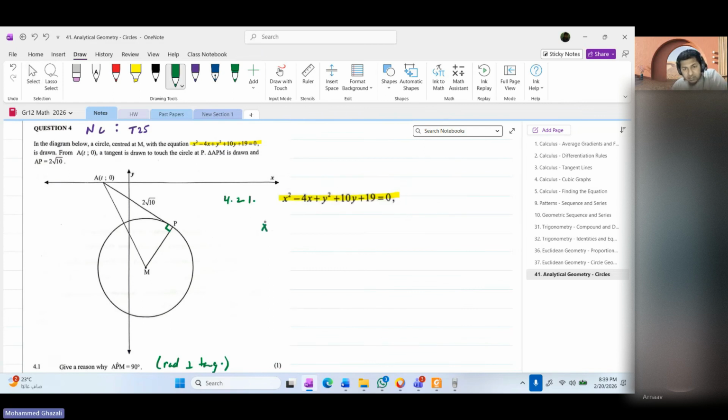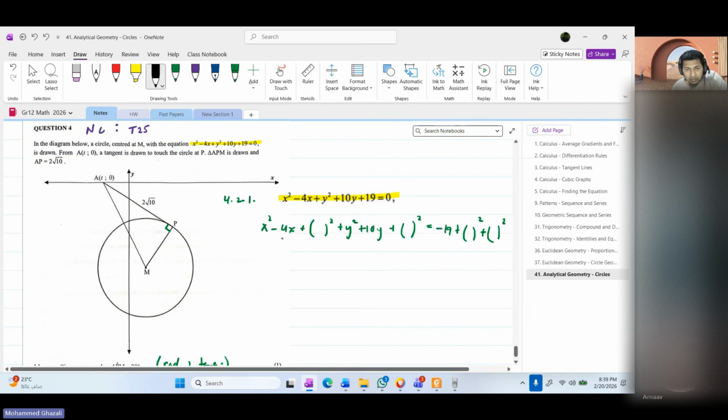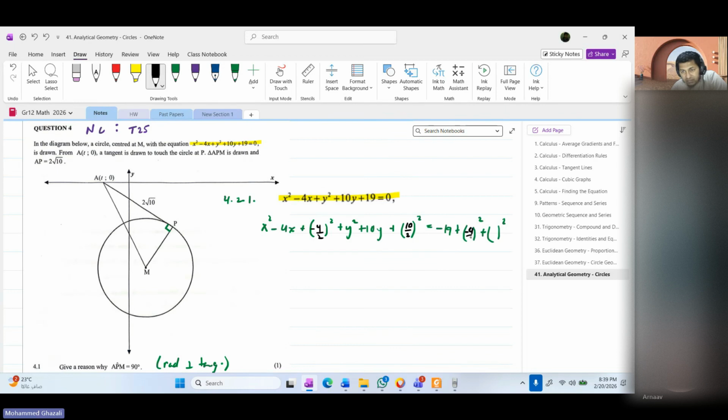So we write x squared minus 4x plus something squared, plus y squared plus 10y plus something squared, is equal to, take the 19 over, negative 19 plus something squared plus something squared. What is that something? Minus 4 divided by 2, and 10 divided by 2.